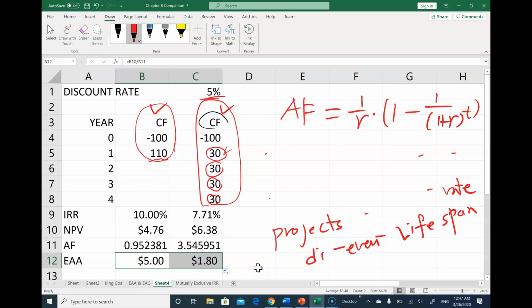So what this means is that when you look at the long-term project, it has the annual value of $1.8, right? So when you invest in this project, right, over 4 years, each year the company will get $1.80, and this $1.80 can be reinvested at the internal rate of return, which is 7.71%.